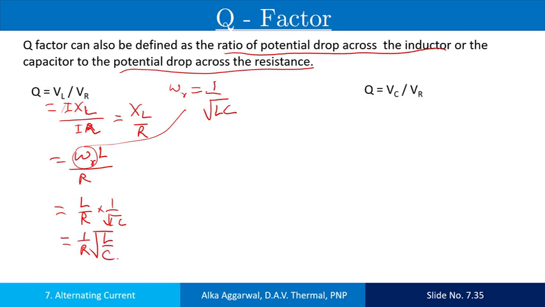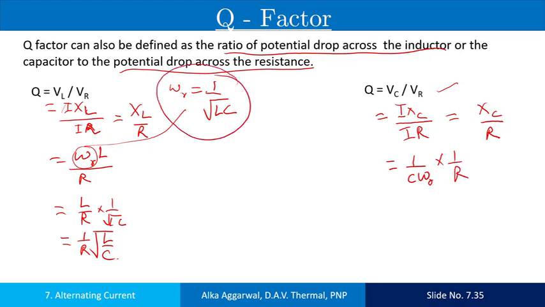Similarly, we can prove it for the capacitor. This can be written as I into XC upon I into R, which is equal to XC upon R. You know very well that capacitive reactance is equal to 1 by C omega R, and the resonant frequency is 1 upon under root LC.